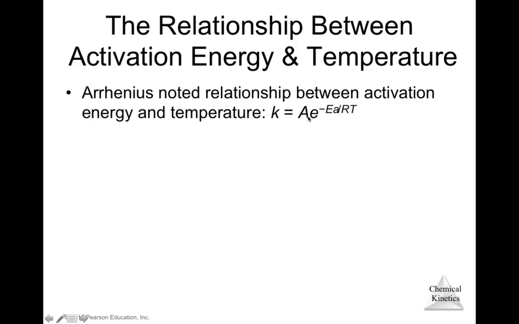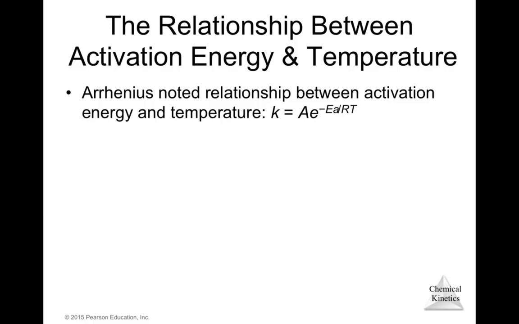Now, this variable, the A, is called the frequency factor, and this is a constant. This factor is related to the frequency of collisions and the probability that the collisions are favorably oriented for reaction.